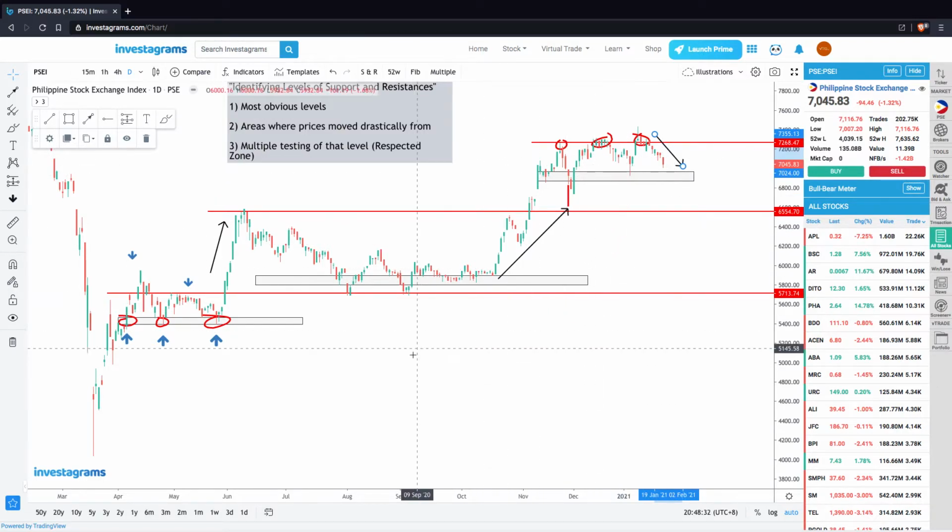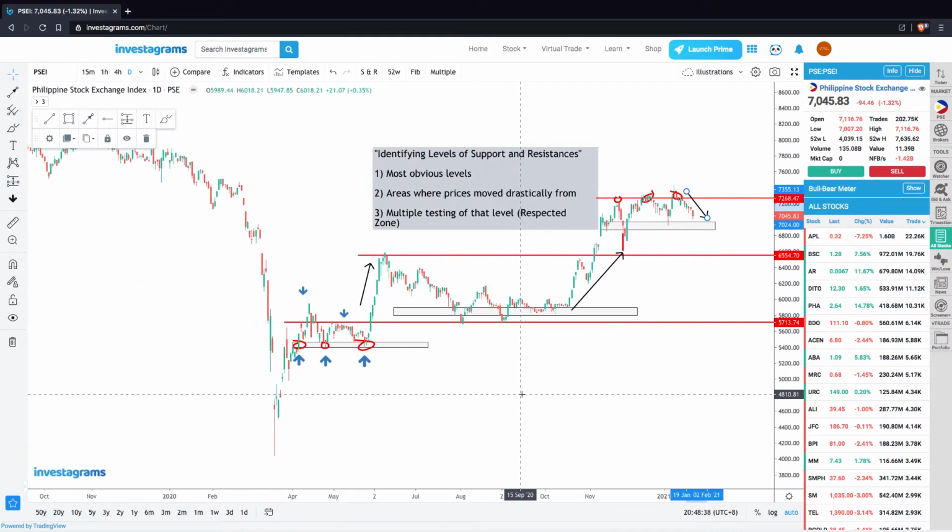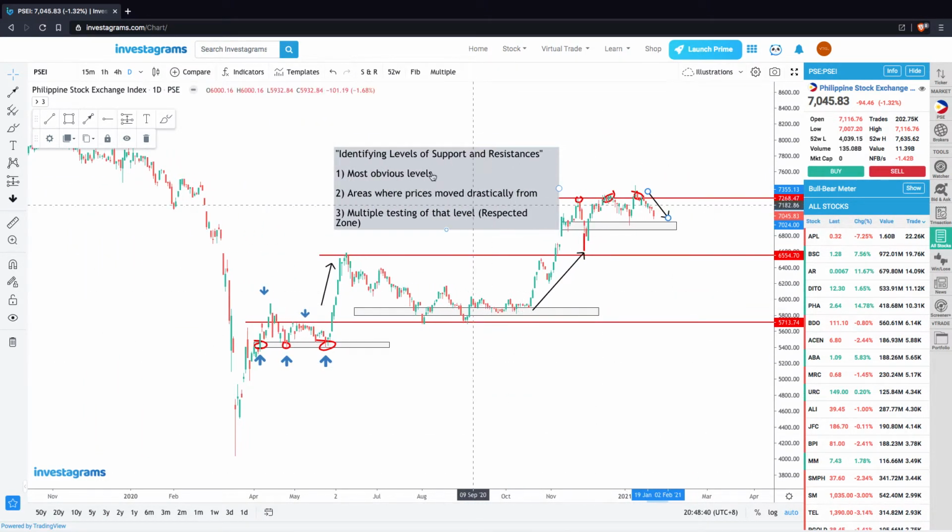So yeah, to summarize, when we're identifying key levels, I like to look at the most obvious levels, so that it will look obvious to you because there are multiple testings of those zones, and you would know that if it's on the lower part, it's a support area.